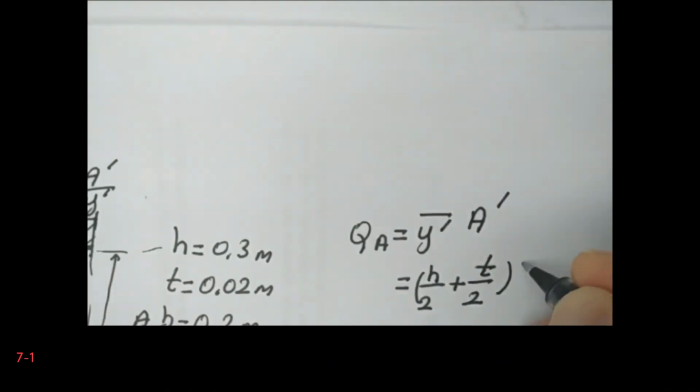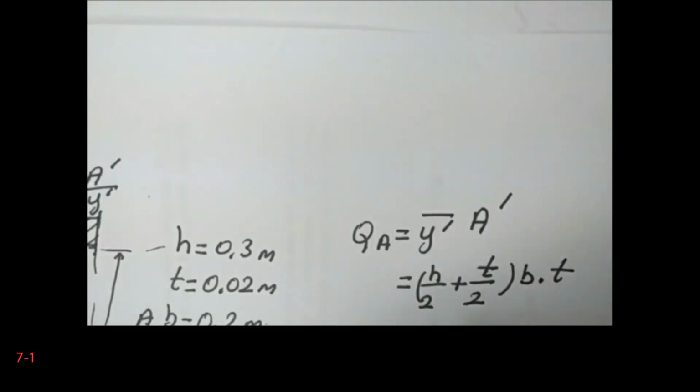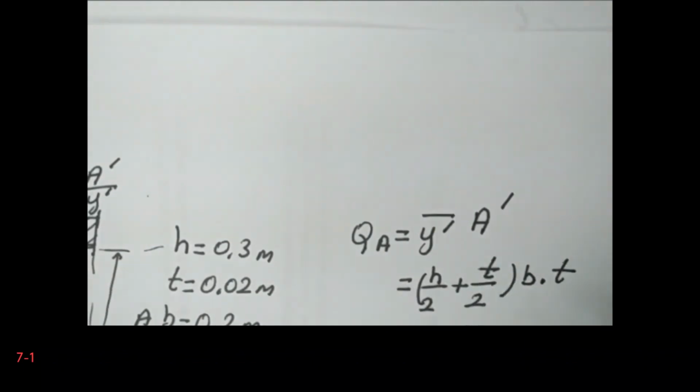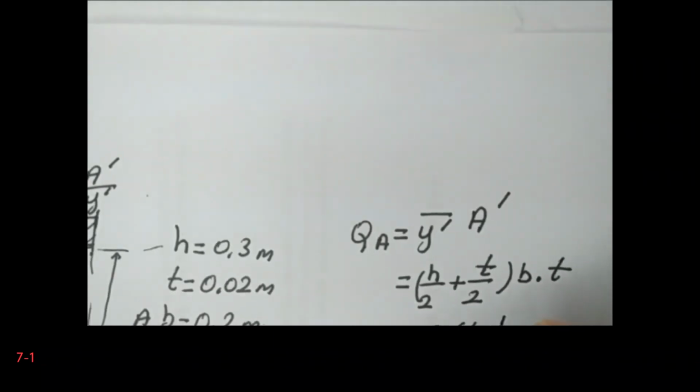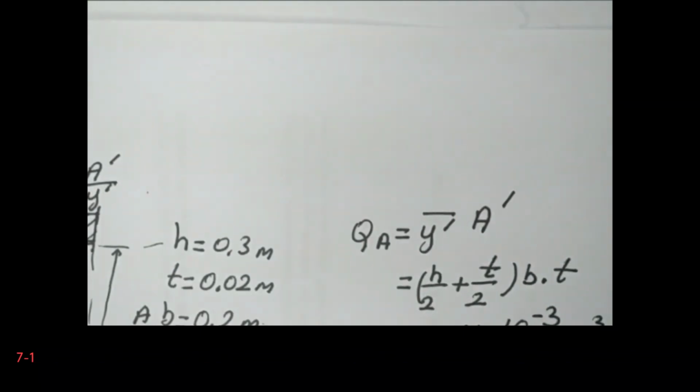The area of it is B multiplied by T, and the value that you are going to get is 0.64 10 to the power minus 3 meter cubed is the unit.